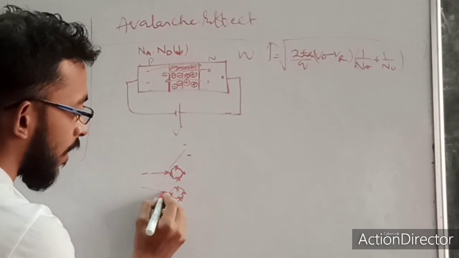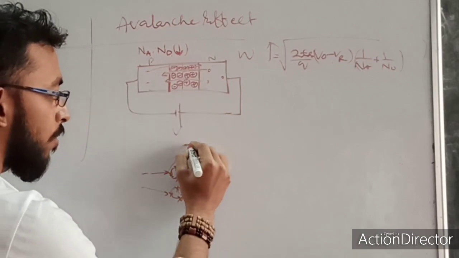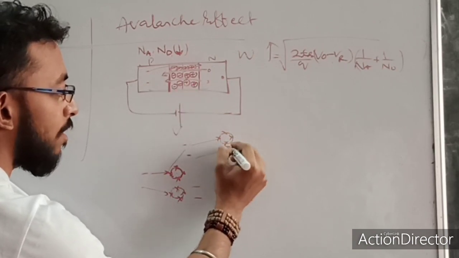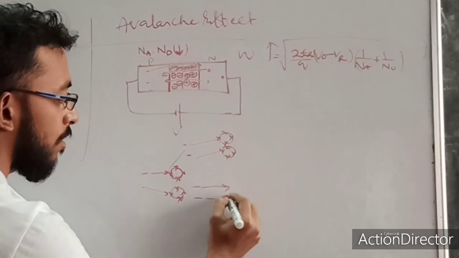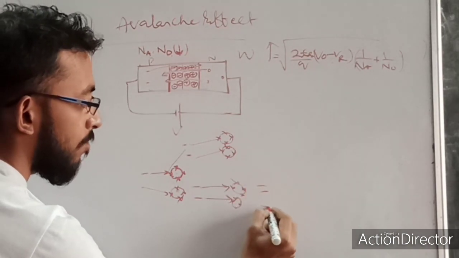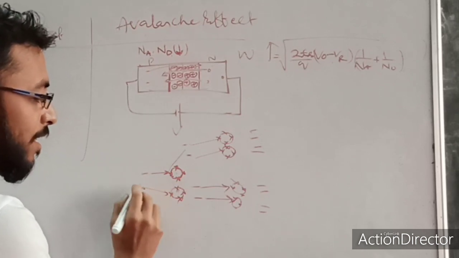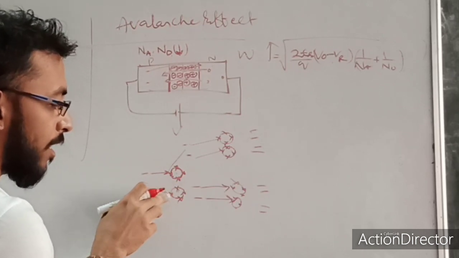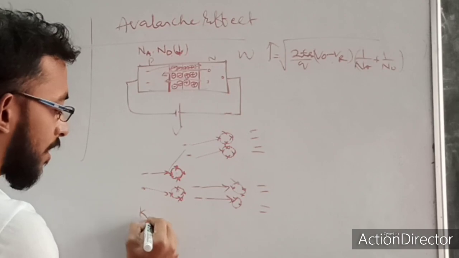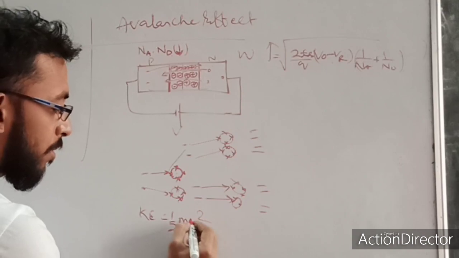So now there are 2 electrons, and when these 2 electrons move on, they collide with other atoms having valence electrons, again giving a larger number of electrons. Why does this happen? The electrons gain kinetic energy, K equal to half mv squared, where m is the mass of the electron and v its velocity.